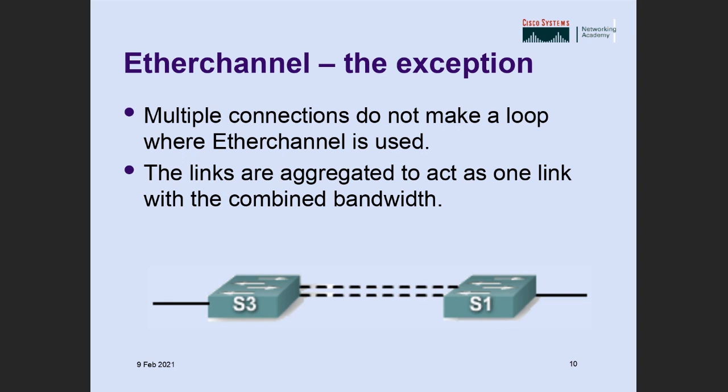So once they're bonded together using EtherChannel, and we'll see that in the next chapter, which we're going to cover today, they'll act as one link. It'll be like a super fast wire, a pseudo wire, that's 20 gig of bandwidth instead of 10 gigabits of bandwidth. So when we do this, STP will not turn them off.